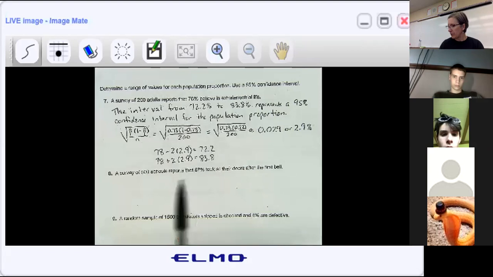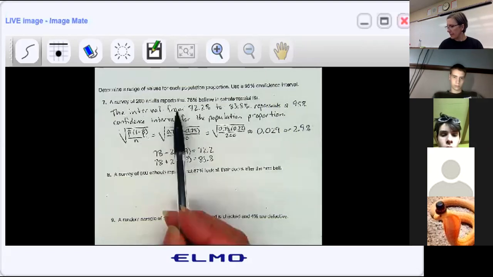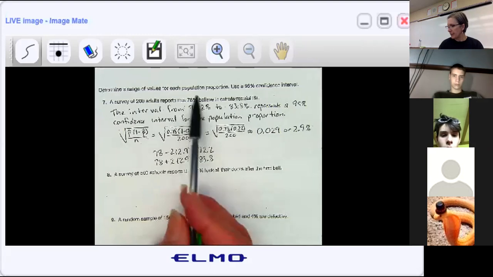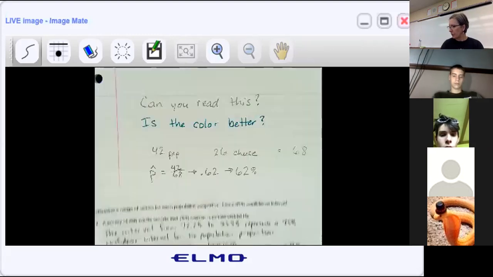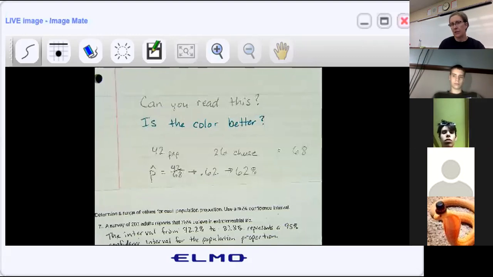But the idea here is, for this particular example, that 78% is the p-hat. And like when we were working with Jordan's number, Jordan's p-hat was 62%. And so in order to calculate the confidence interval, you first need to figure out the standard deviation.